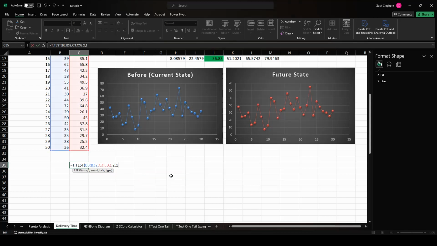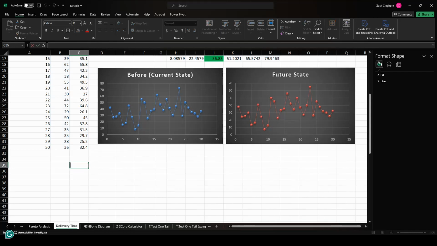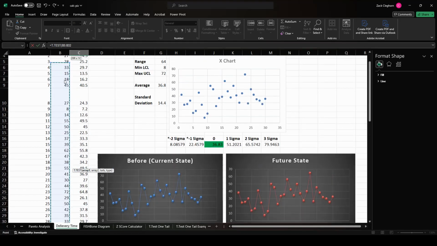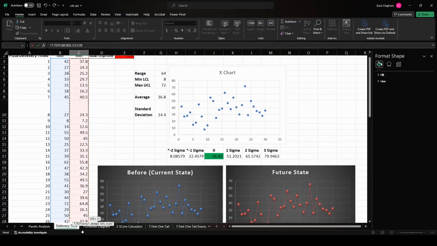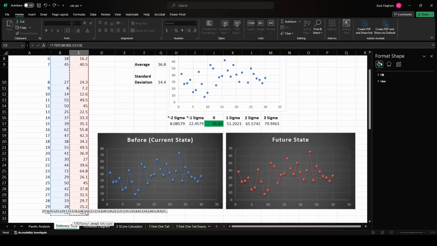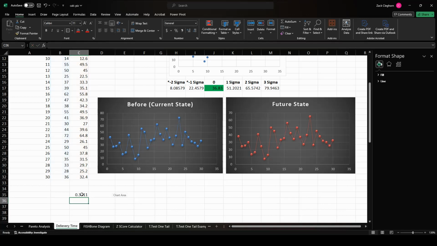Hold on. Array 1, array 2, two-tail. This would be a two-sample equal variance, homoscedastic, because they're both the same variable.